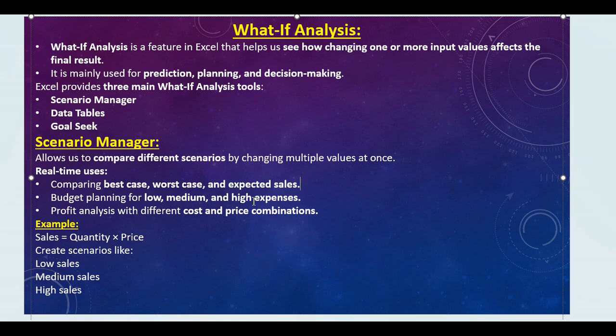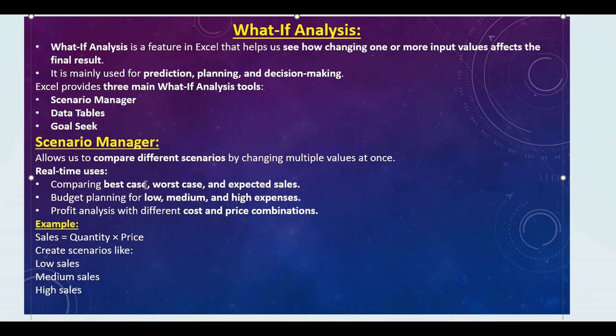Profit is calculated automatically based on the changed inputs in each scenario. Scenario Manager allows switching between cases without changing formulas, and it helps management understand how different conditions affect profitability. This analysis supports better planning, forecasting, and decision making.